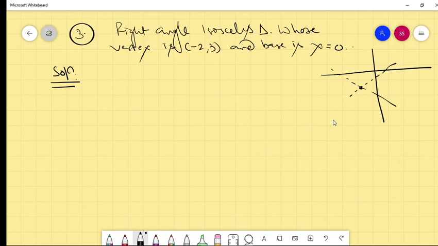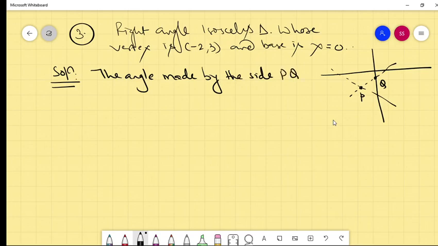So first of all, if we name the sides b, this is q, then the angle made by the side PQ, and this, if I name this r, and PR with the y-axis is 45 degrees.